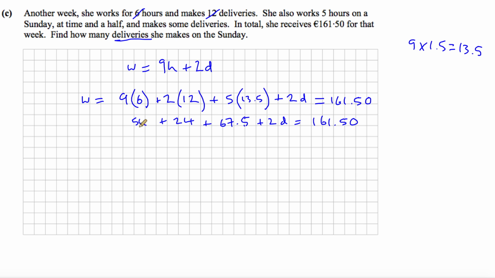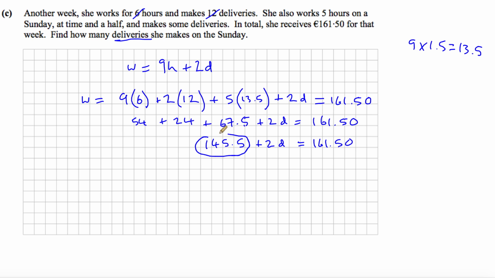So when I tidy this up a bit again, 54 plus the 24 plus the 67.5, that gives me 145.5 plus 2d equals 161.50.